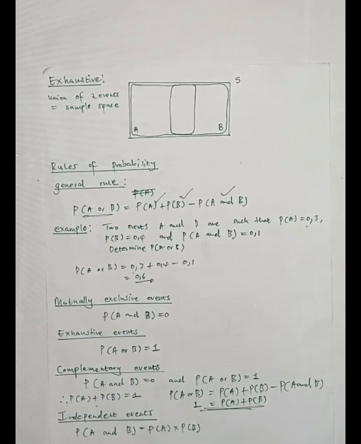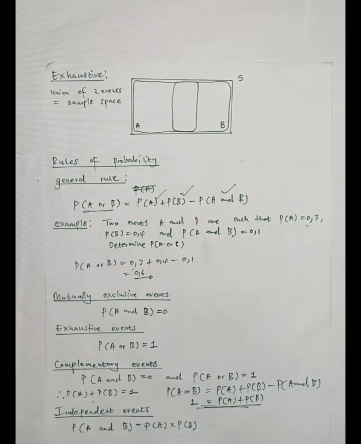Then we have independent events. Independent events are represented by this formula here. P of A and B is equal to P of A times P of B. What this means is that for events to be independent, P of A and B must be equal to P of A times P of B. For example, if P of A and B is 0.6, the value of P of A multiplied by the value of P of B must also give you 0.6.